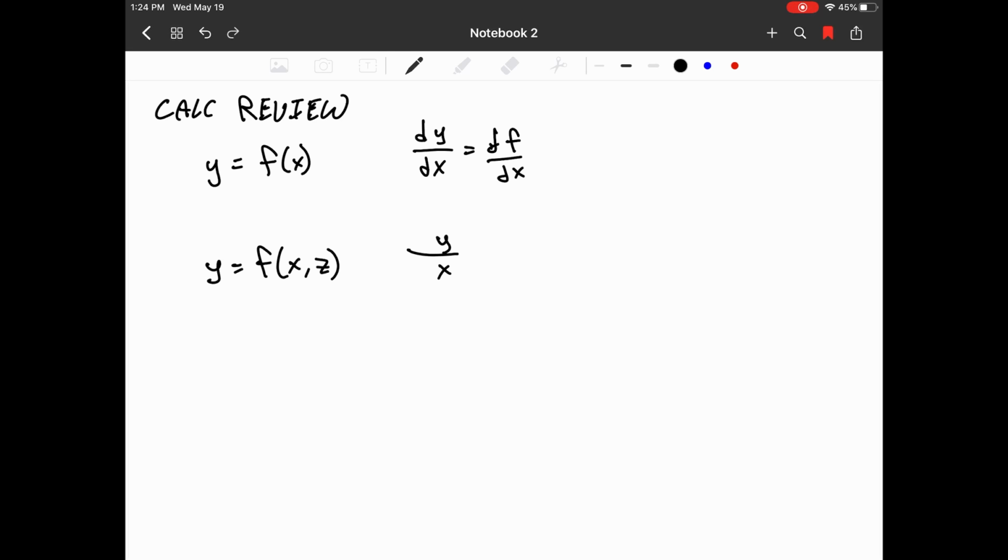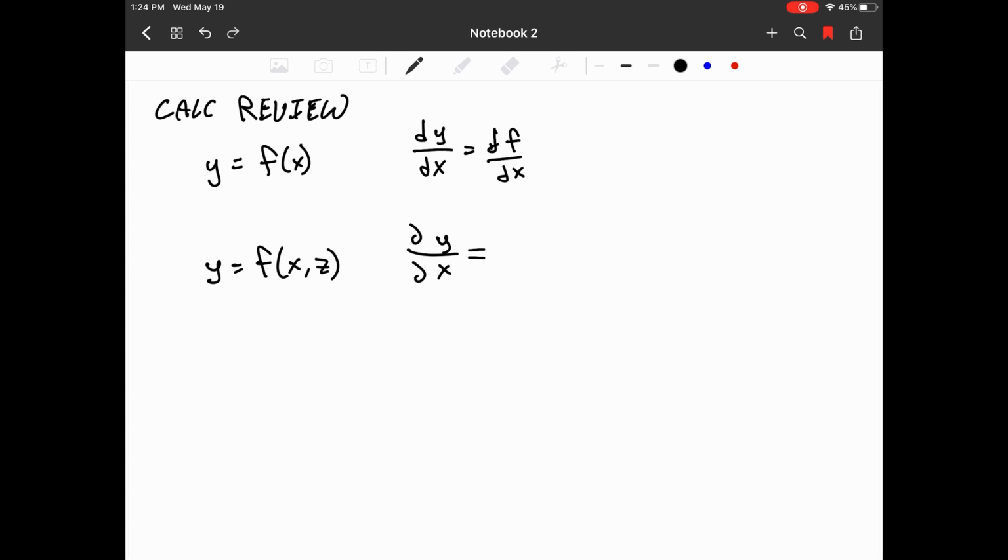Sometimes I switch the notation, so sometimes we're a little bit sloppy with this, but we use this sort of more script D to denote the fact that we're taking a partial derivative. So what we're saying here is what happens to y when x changes, and we're treating z as a constant in the function.